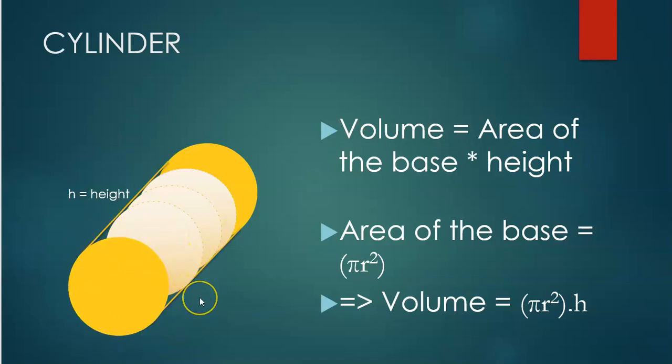So think of it as multiple circles piled on top of each other, and the space occupied by all these circles would be the volume of that particular cylinder. So it's the area of the base, which is the area of the circle, pi r square, since the base is in the shape of a circle, and then times the height gives us pi r square h in cubic units.